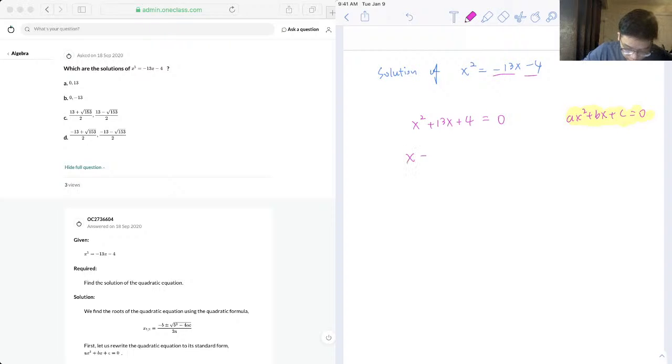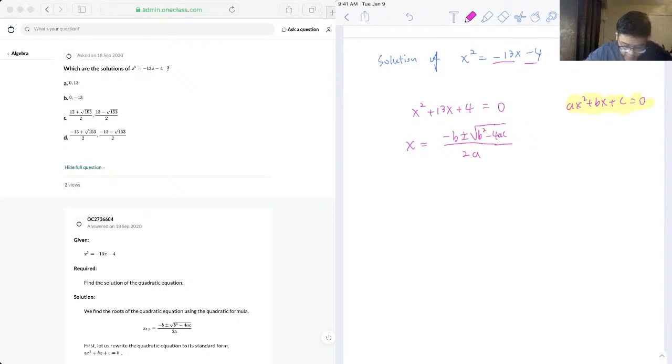So let's see how we apply the formula. So x will be equal to negative b plus or minus root b squared minus 4ac, over 2a, right? So we know in this case a is equal to 1, because a, b, c are just the coefficients of these three terms.